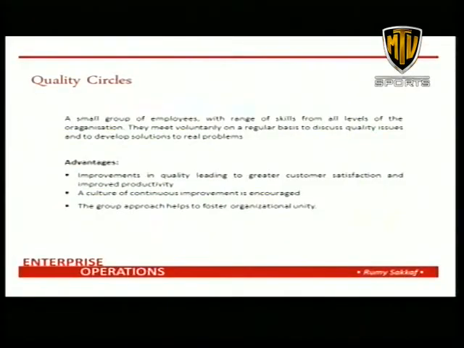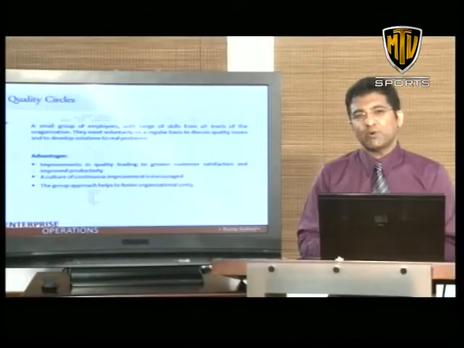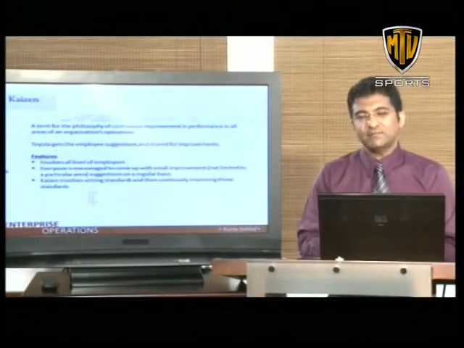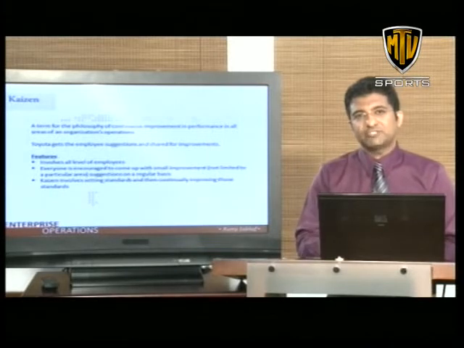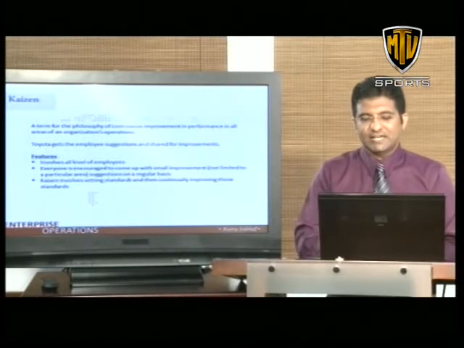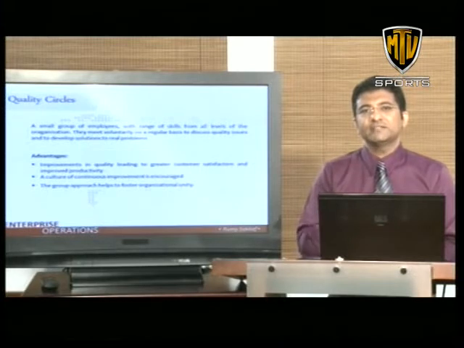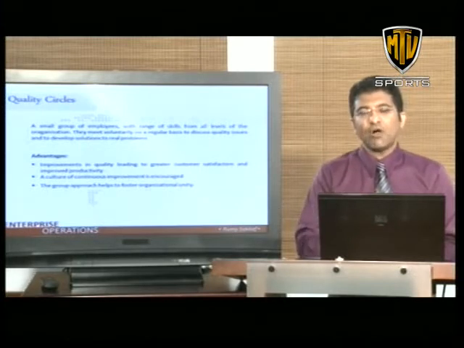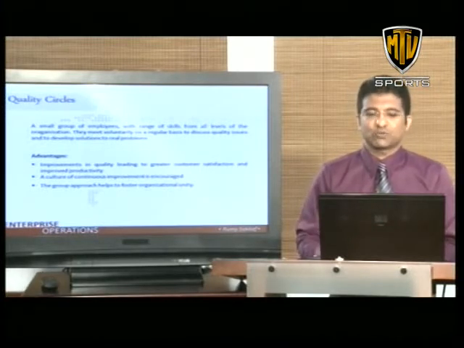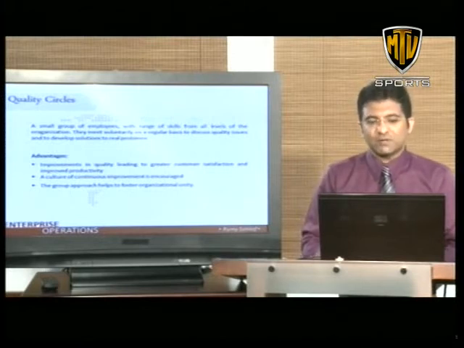Please identify very clearly, the meeting takes place without a hierarchy, where all these employees work together as a team. The ultimate objective of this circle is to identify organizational improvement in quality.